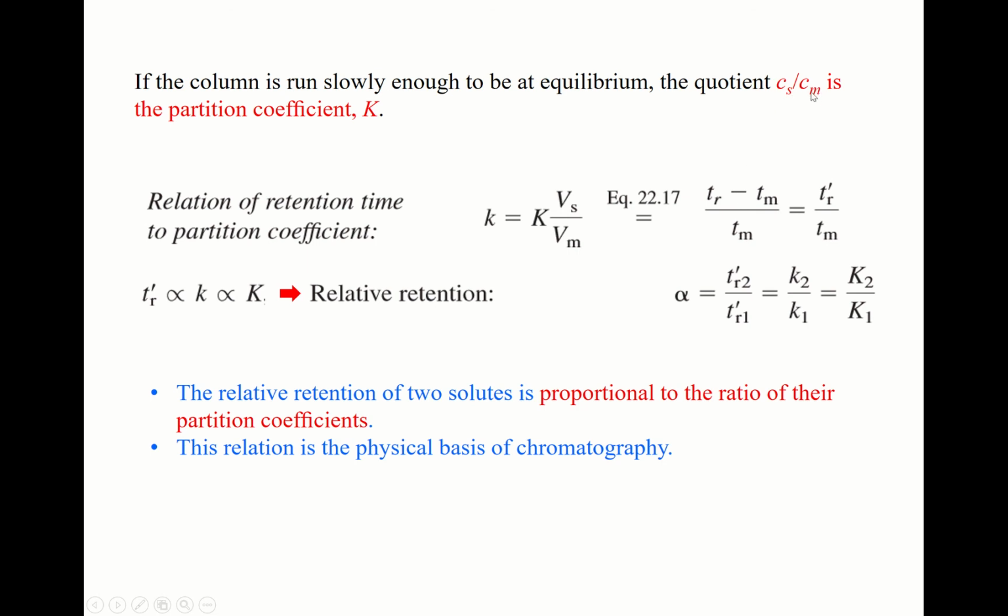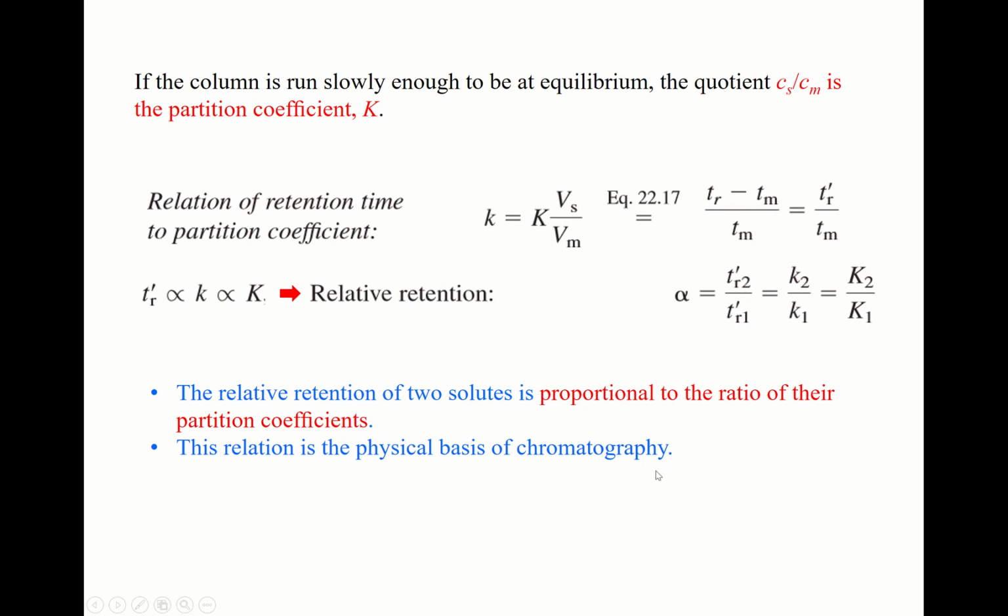The two things are equivalent. But usually if you flow the mobile phase very quickly, there may not be an equilibrium, but let's assume that equilibrium is reached every time, then this ratio equals the partition coefficient. That's the physical basis of chromatography.